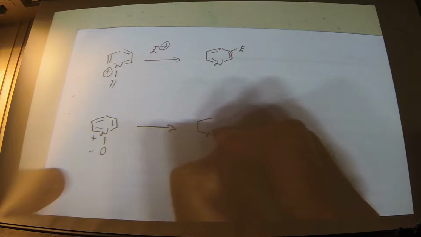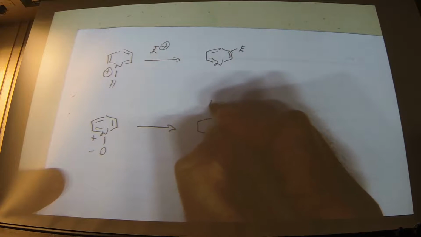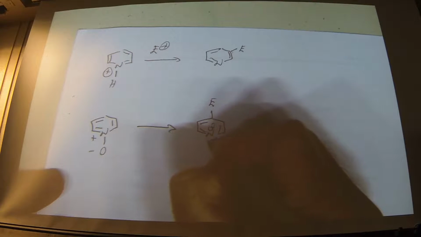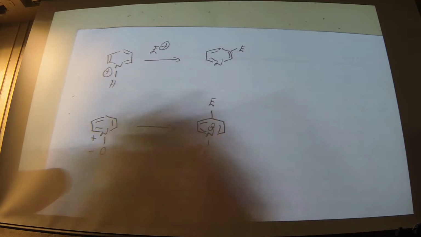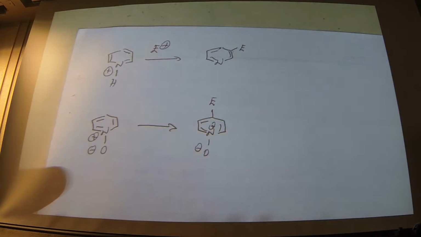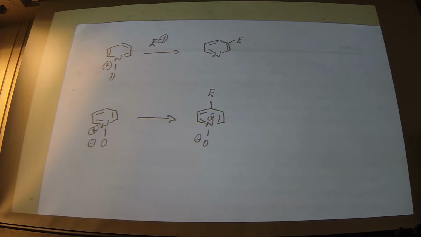And in this case, you end up with the C4 substitution. And so since you can convert the pyridine N-oxide back to the pyridine, this allows you a way to control the location of the substitution reaction. If you start with pyridine, it's at C3. If you first convert the pyridine to the N-oxide, then it's C4.